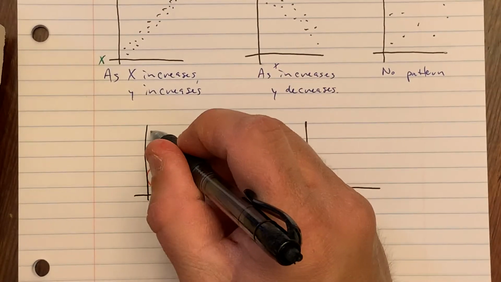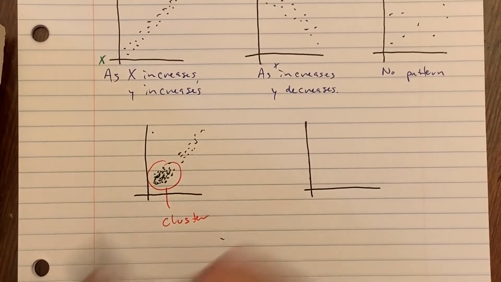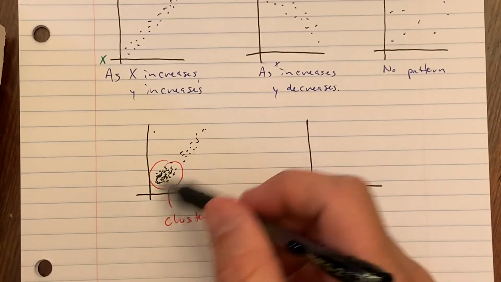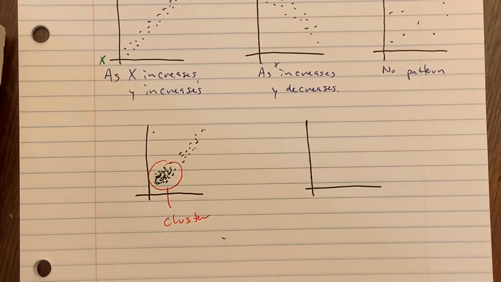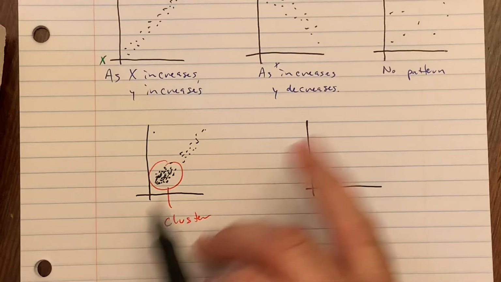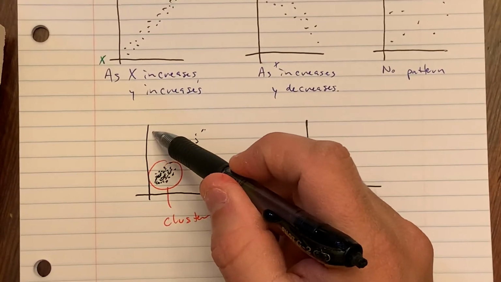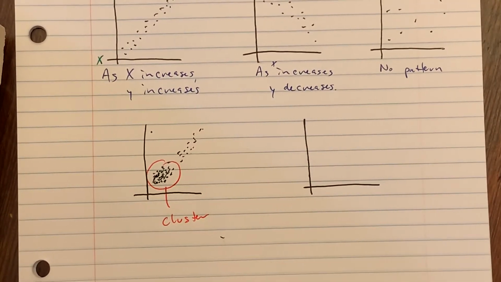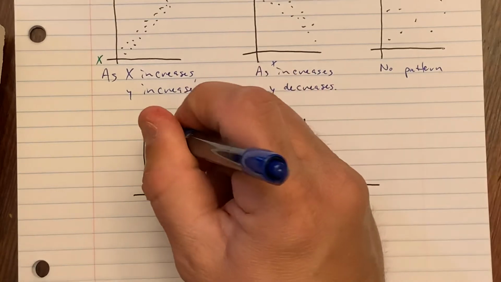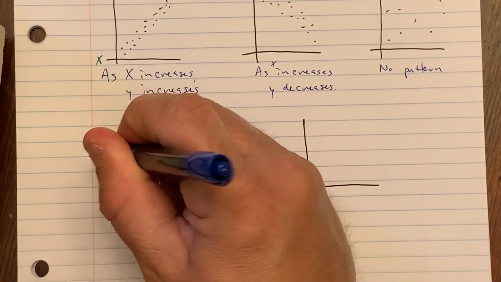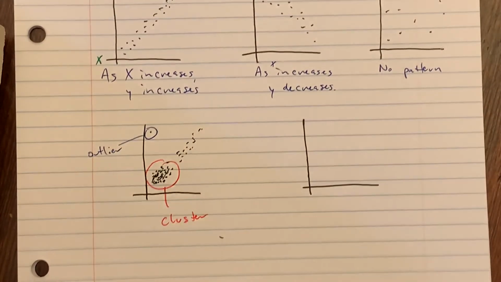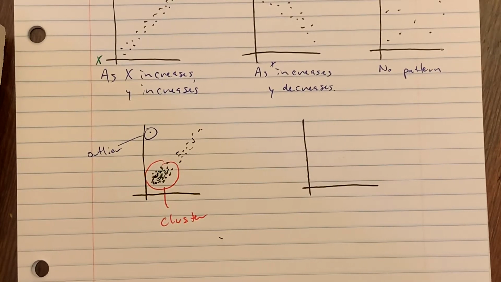But let's say you also have that guy right there. Got everything kind of going right here in this positive correlation, but we got this guy way over here. This guy over here is what we would call an outlier. We kind of discussed that earlier on.